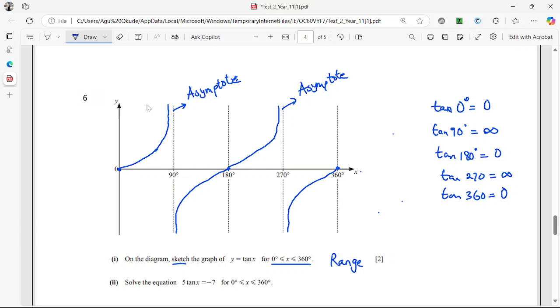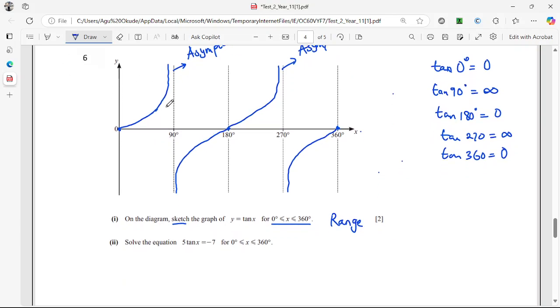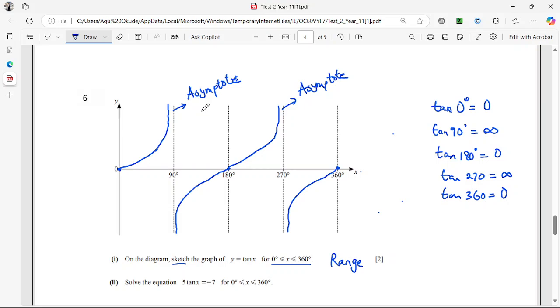So this is the tangent graph. Mind you, this is just one curve, it is just broken. It is discontinuous at 90 and 270, but basically this is just one graph.